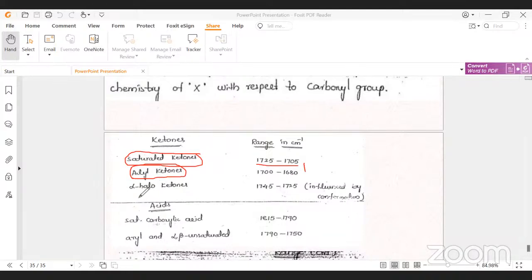If you look here, alpha haloketones have halogens, which are electron withdrawing groups. If the molecule has an electron withdrawing group, the wave number increases. Simple concept: if the molecule has an electron donating group, the wave number decreases; if it has an electron withdrawing group, the wave number increases.